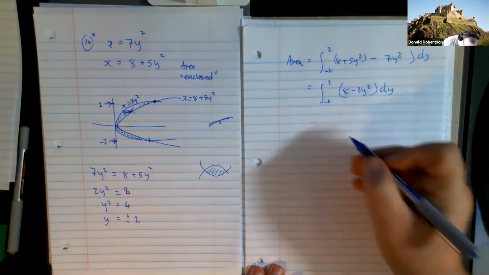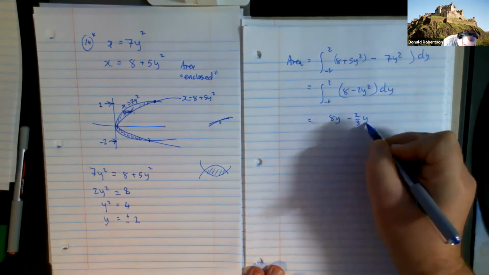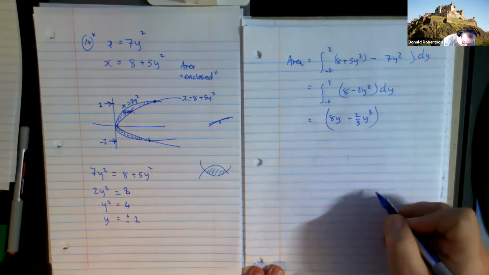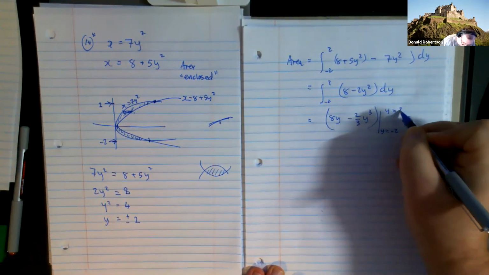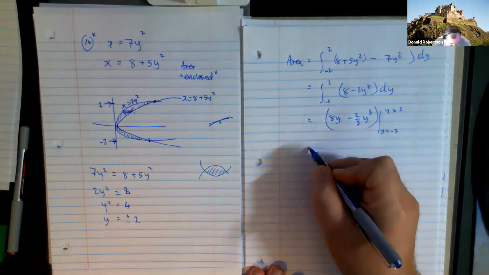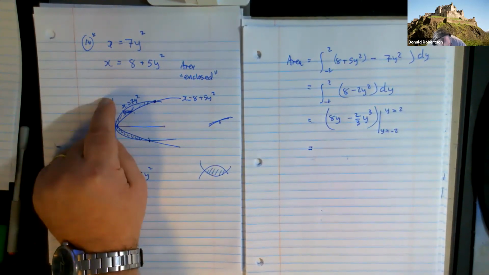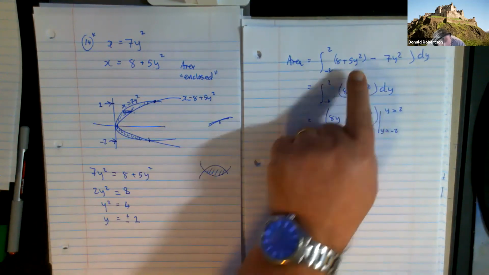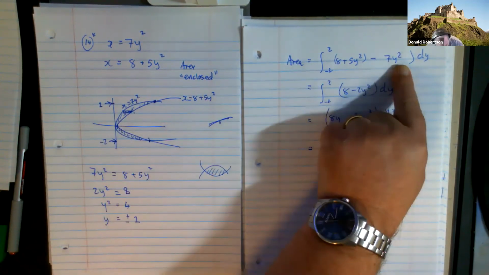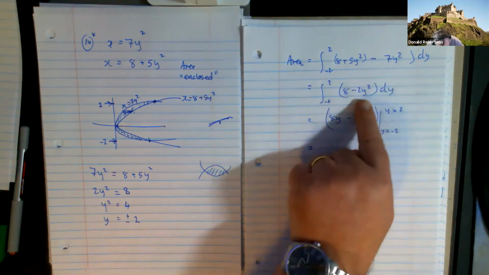Then all I need to do is the power rule, evaluated from -2 to 2. So y is -2 to +2. The curve that's furthest to the right was this one. Take away the other curve, which is that one. Combine them together by combining like terms.